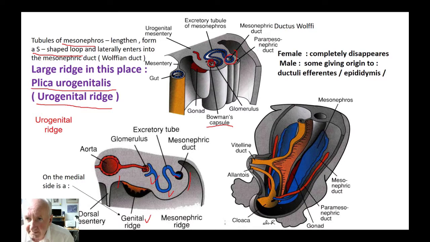Please, to the paramesonephric duct we will come later. This is not so important in this moment. So, on the longitudinal section you see the system of mesonephros, and the Wolffian duct is here. Mesonephric duct.